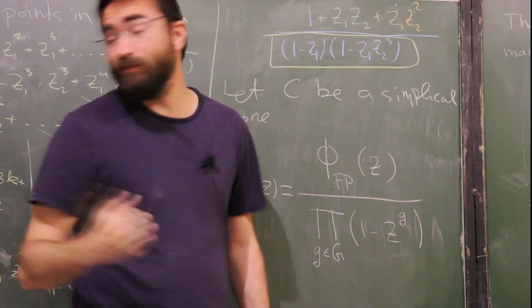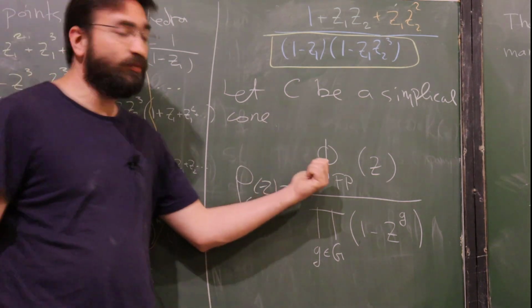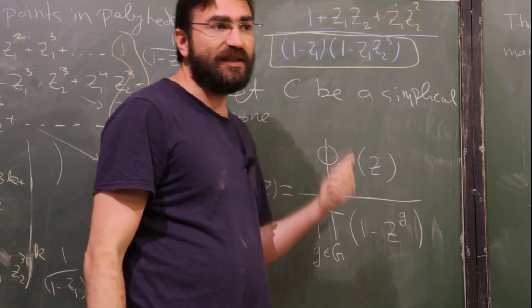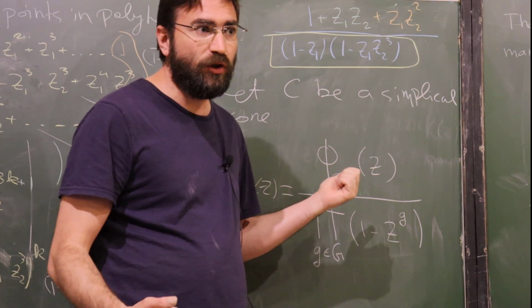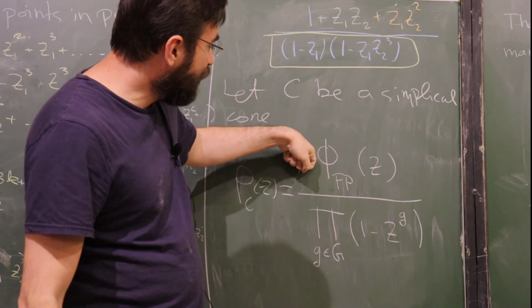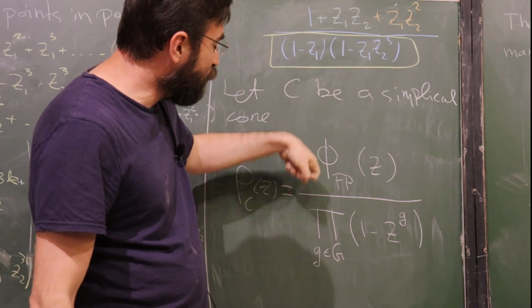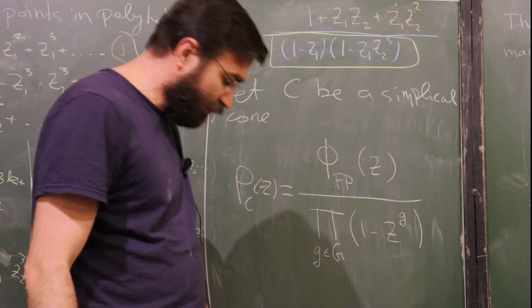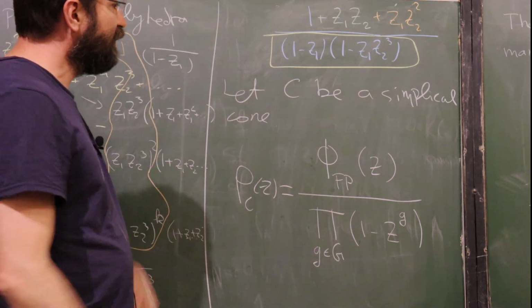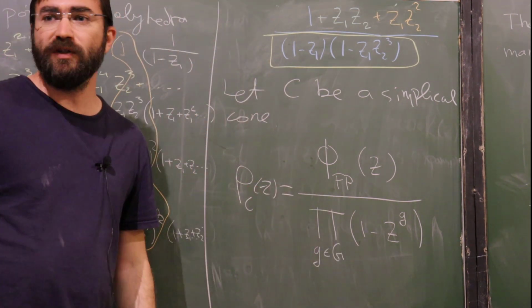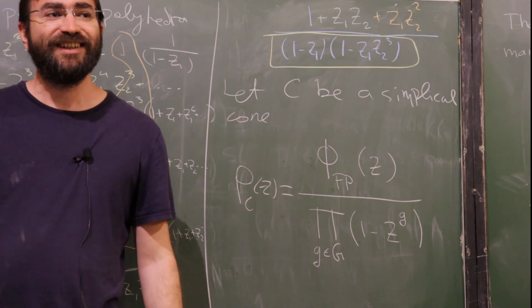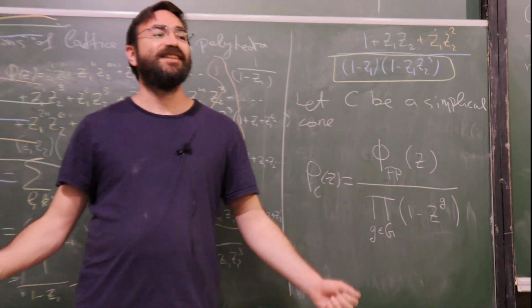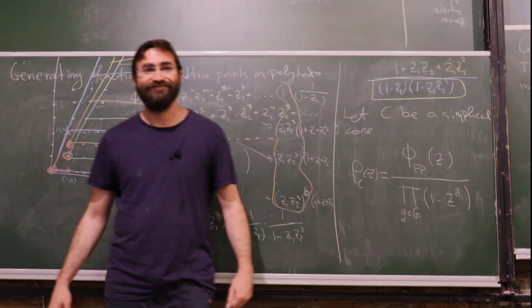By the way, since this is bounded, this will always be a polynomial, obviously. It doesn't matter if I write a rational function or a formal power series, because these are both the same polynomial, right? So here we have a polynomial, and here we have this product over all generators, and that's the generating function for the lattice points in a simplicial cone. That's a very important step, but we have to eat.